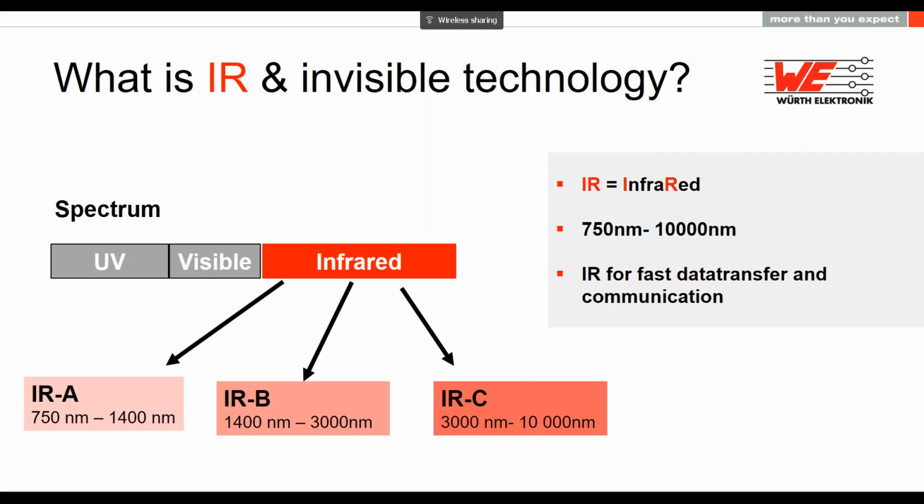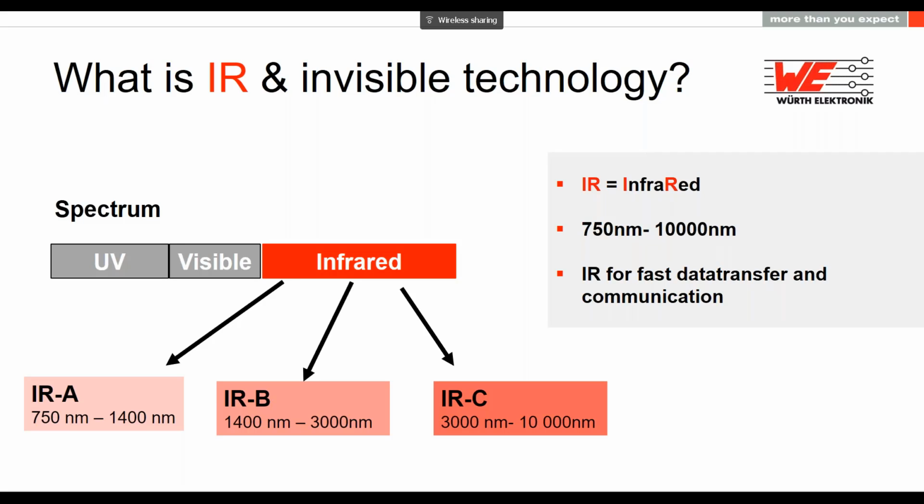The range of infrared is between 750 nanometers up to 10,000 nanometers, divided into three different groups: the near infrared A up to 1,400 nanometers, the mid infrared, or ERB, which is between 1,400 and 3,000 nanometers, and the far infrared from 3,000 up to 10,000 nanometers.